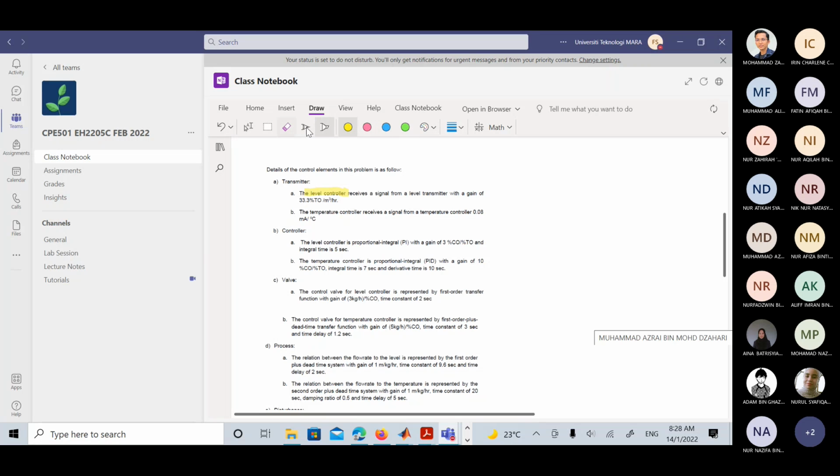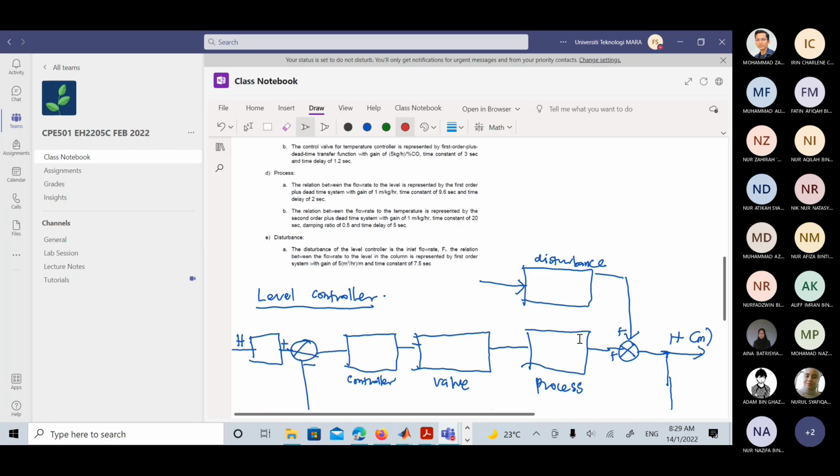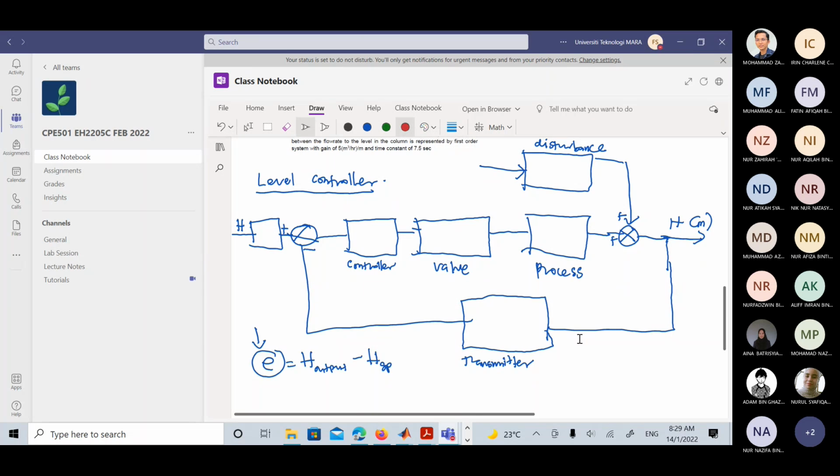Alright, the level controller receives a signal from a level transmitter with a gain of 33.3 percent TO per cubic meter per hour. So we need to write down the transmitter gain here, 33.3. Okay, so the unit of the gain you need to put in. So here is the unit.